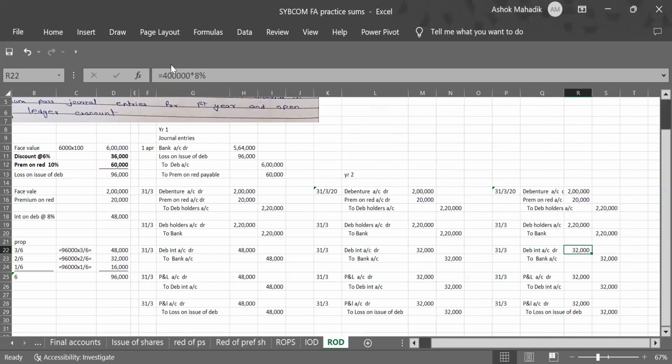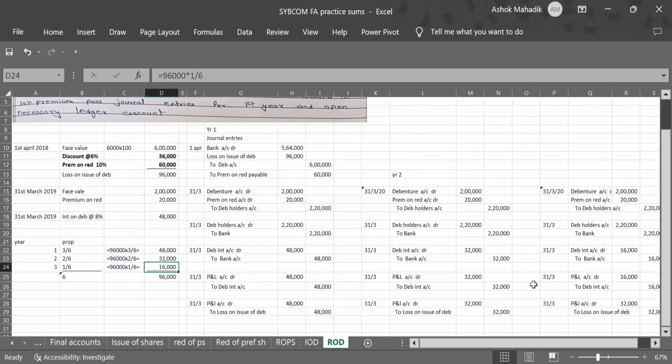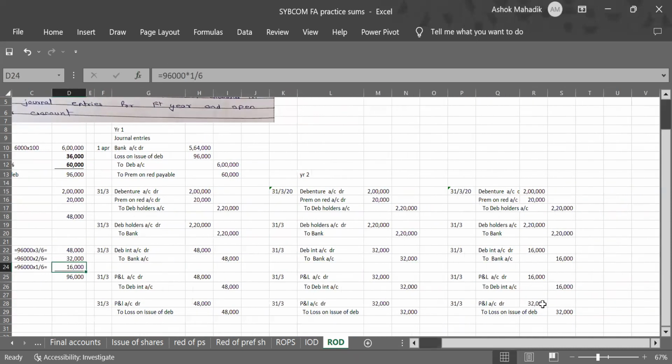Now we'll be paying interest only on 2 lakhs instead of 4 lakhs. So it is 16,000. Clear? So the transfer to P&L will be 16,000. Whatever interest amount is there, that will be transferred to P&L. Then the write-off of that loss. It is 16,000 again. So here I'll write off 16,000. That's it. Entries for 3 years are done. I hope this is clear.